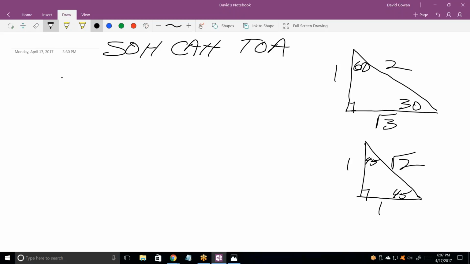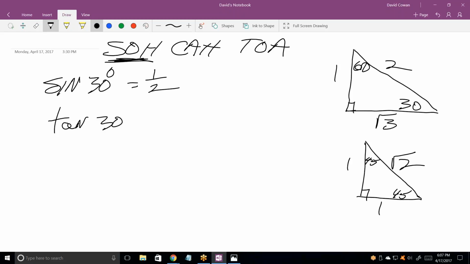Now, tell me what the sine of 30 degrees is. Root 3 over 3. No. Opposite over hypotenuse. Oh, it's one half, sorry. That's all right. Tell me what the tangent of 30 degrees is. That'd be root 3 over 3. Okay.